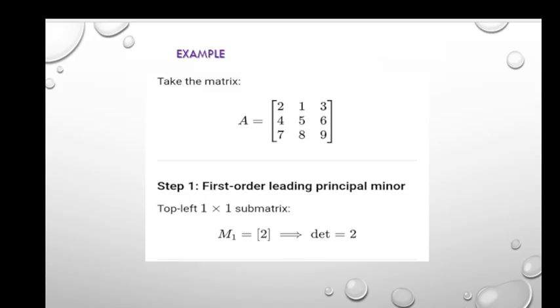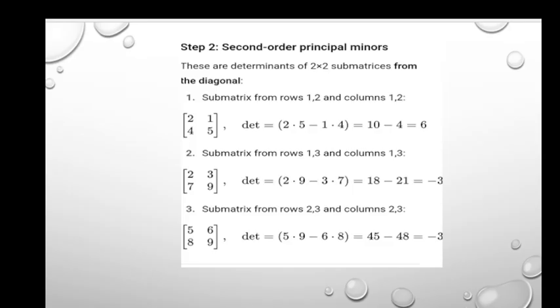So the remaining matrix after deletion is 2, 1, 4, 5, and we need to find the determinant of the matrix. Okay, so we get 3 principal minors of order 2. That we wrote here. Just read and understand what we discussed earlier.